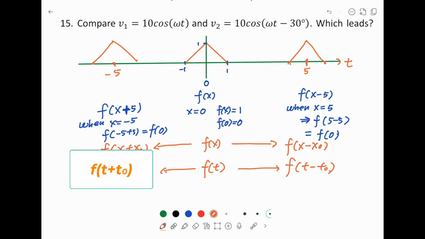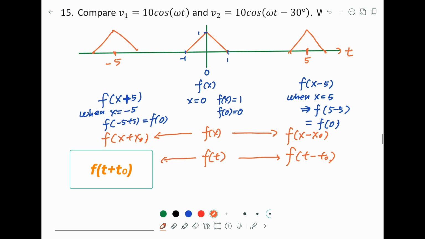It's not space. What happens is, for example, this triangular function at time equals 0 is 1. It means this is the peak.